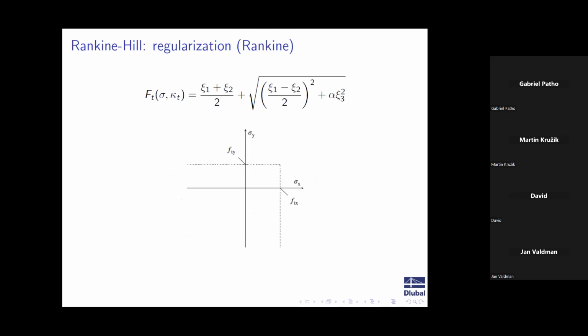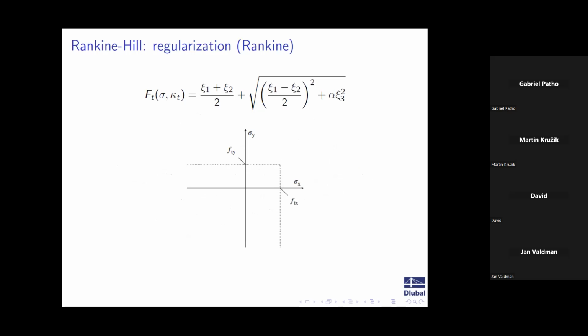What is a nice thing about this Rankine-Hill surface, although it's a multi-surface plastic model, that means that where these two surfaces meet, they are non-smooth.